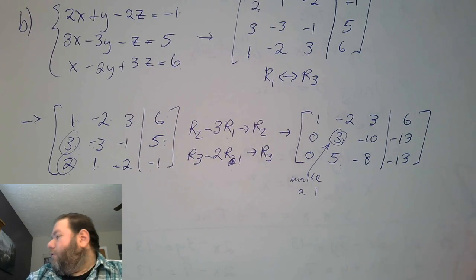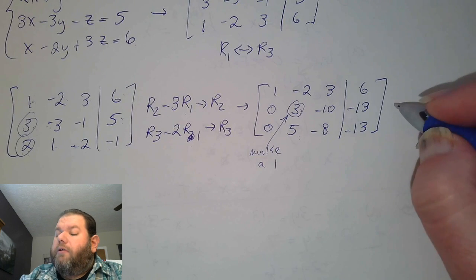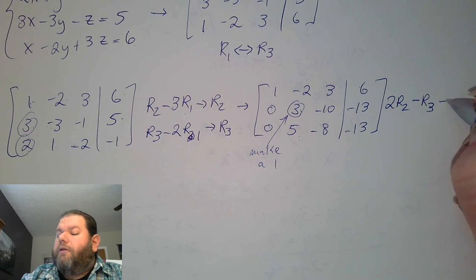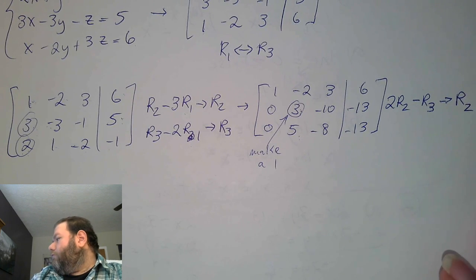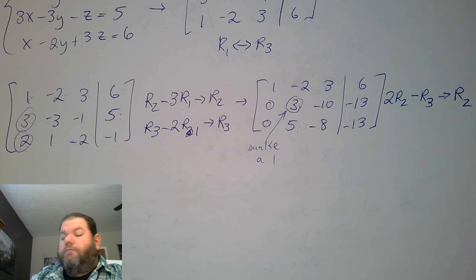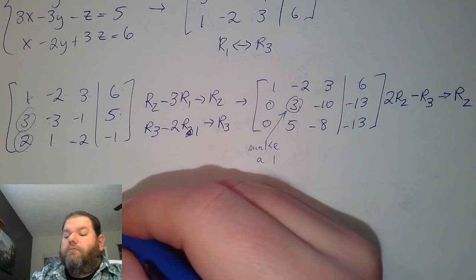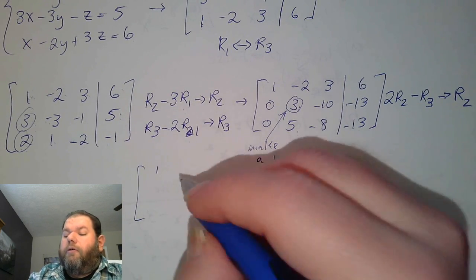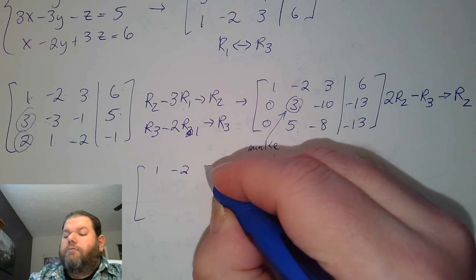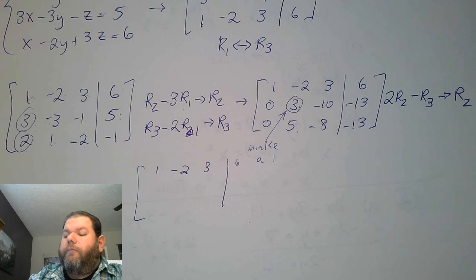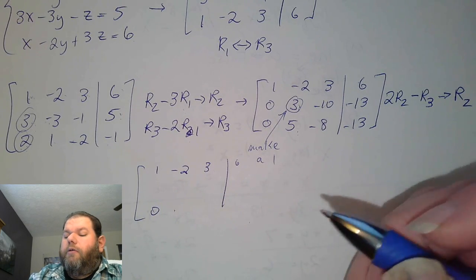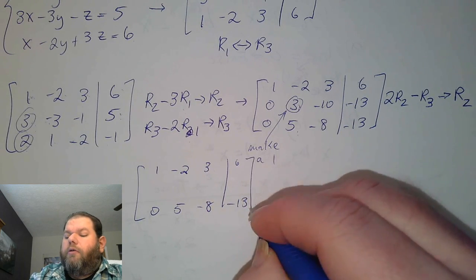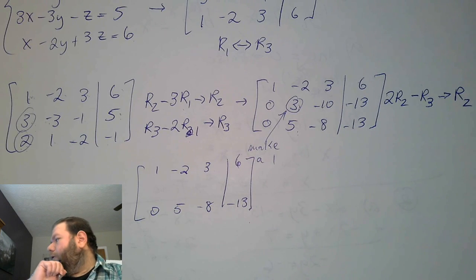So we'll say 2 times row 2 minus row 3, replace row 2. Okay.